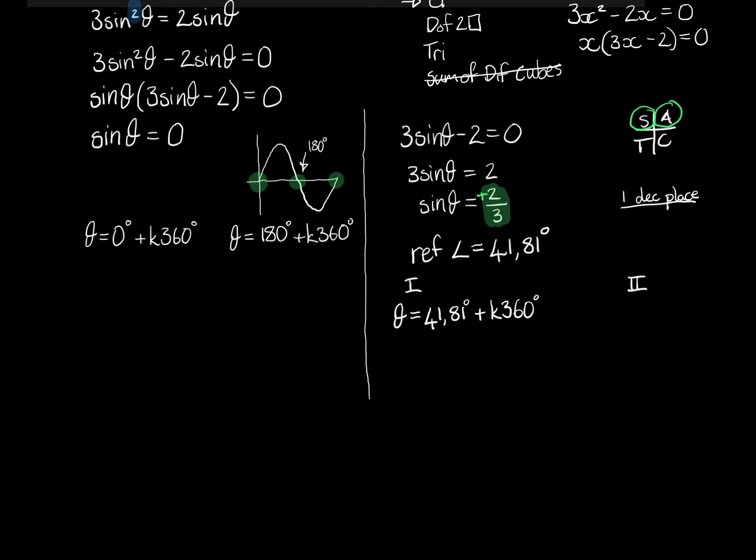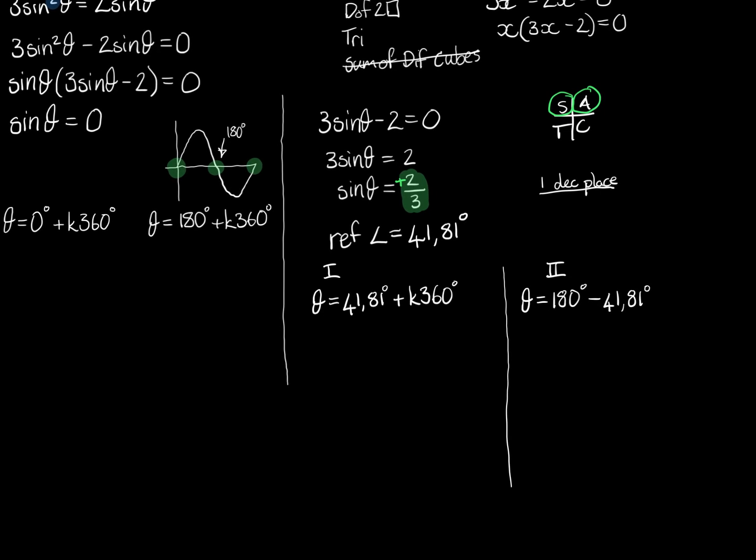And then let's just put a little line to keep it separate. Over here I'm going to say theta equals 180 degrees minus 41,8 degrees, plus k times 360, because it reoccurs every 360 degrees.